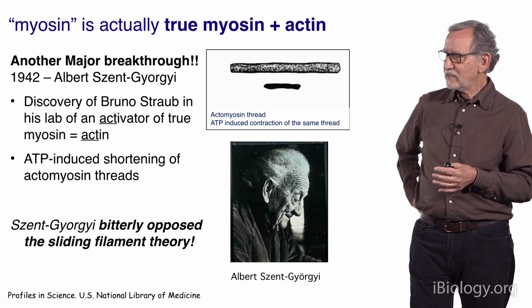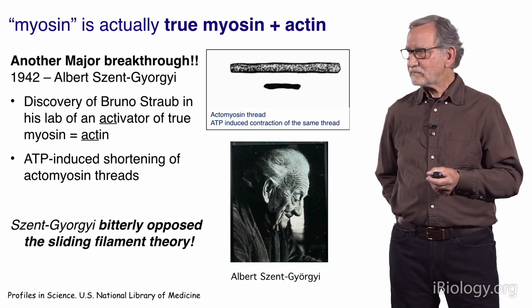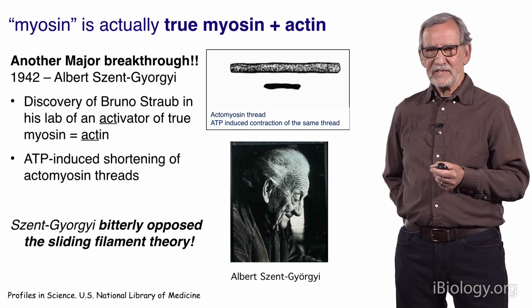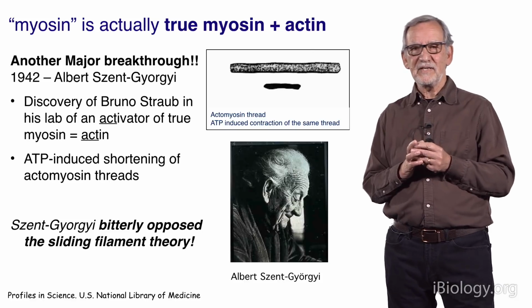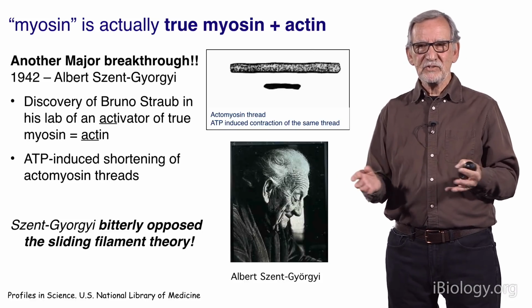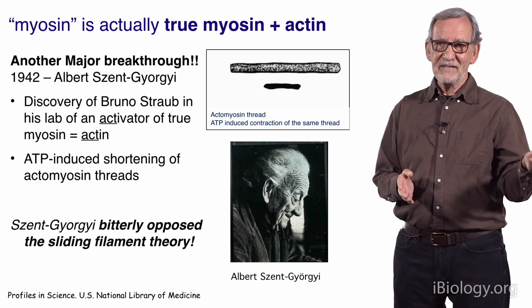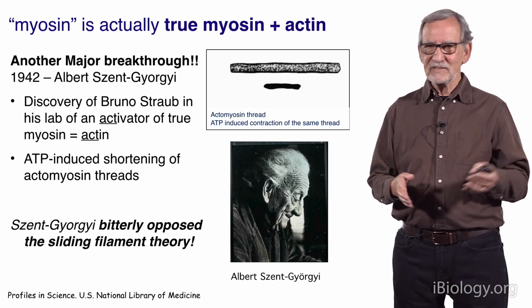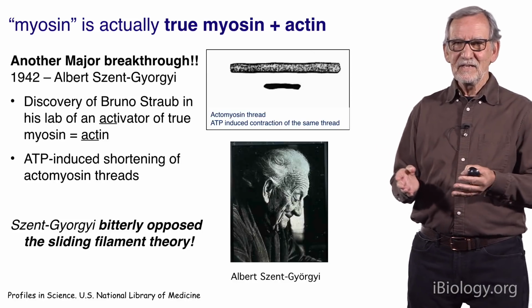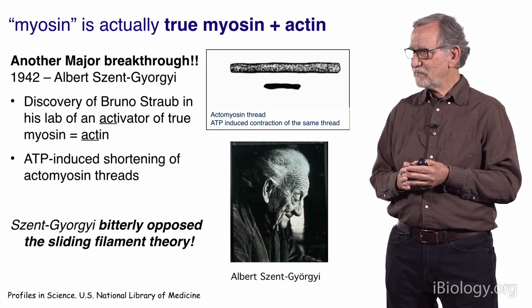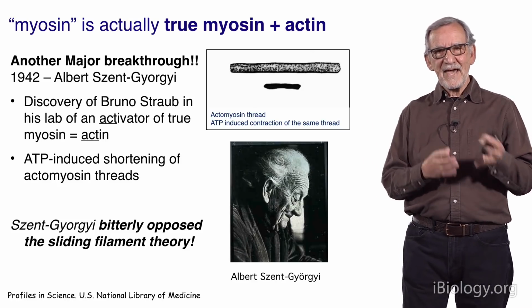And that was the discovery by Albert Szent-Gyorgyi and Bruno Straub in his lab in Hungary of an activator of the true myosin, because they realized that this myosin that Willy Kuhne purified in 1864 was actually a heterogeneous mixture of two major proteins, one of which they continued to call myosin, and for a long time the first myosin was called myosin A and the second one myosin B, but anyway, everyone now refers to the real myosin that Szent-Gyorgyi described as myosin, and the other component that was in the original myosin prep was an activator.